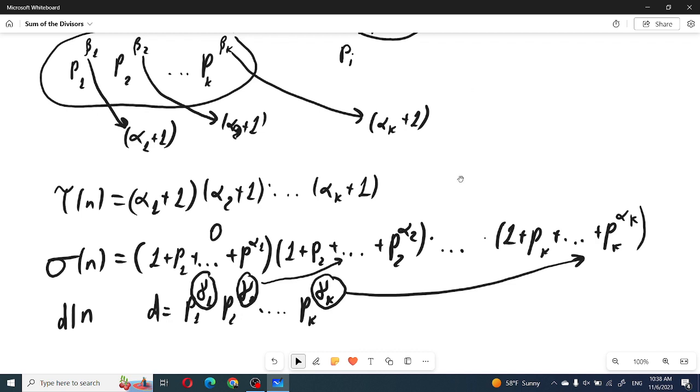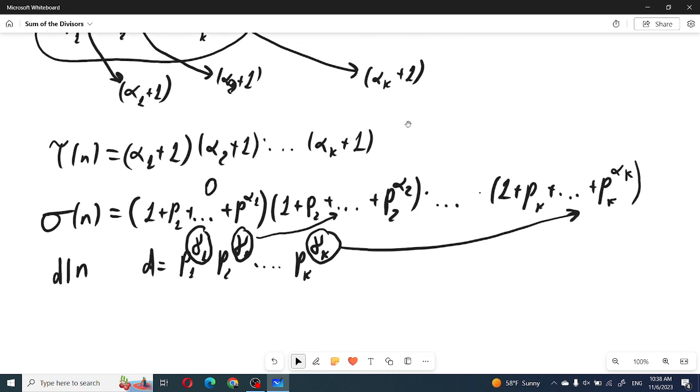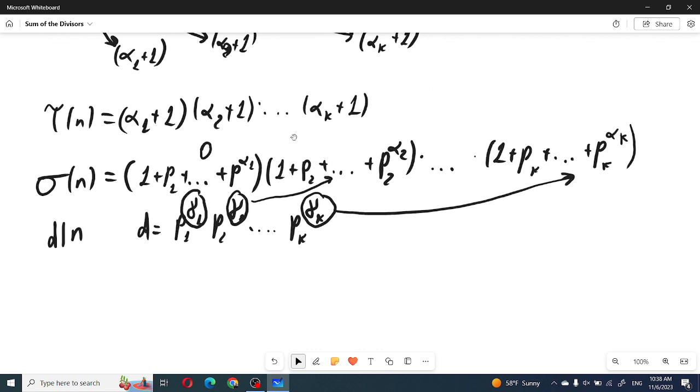So the total sum of the divisors must be 1 plus p1 up to p1 to the alpha 1, times 1 plus p2 up to p2 to the alpha 2, then up to 1 plus pk up to pk to the alpha k power. And we can simplify this more.